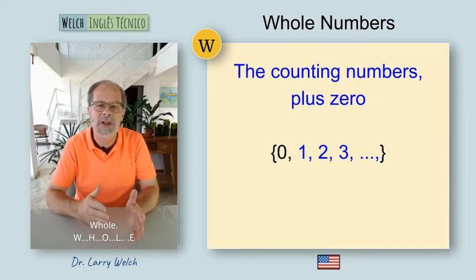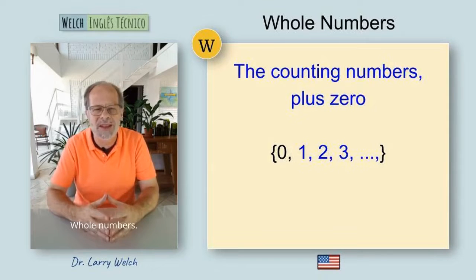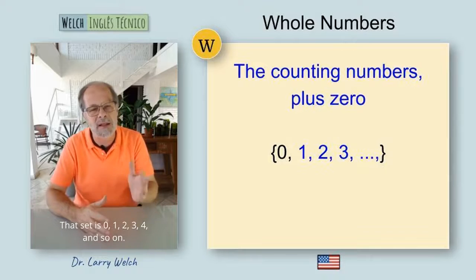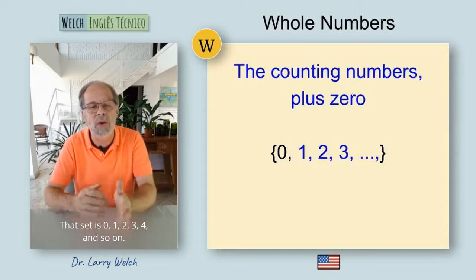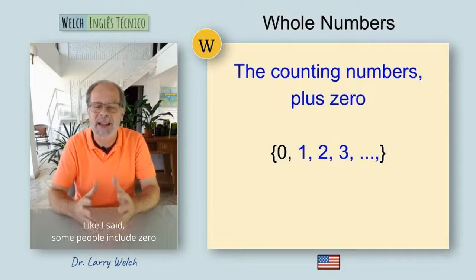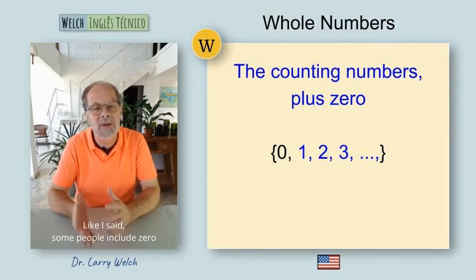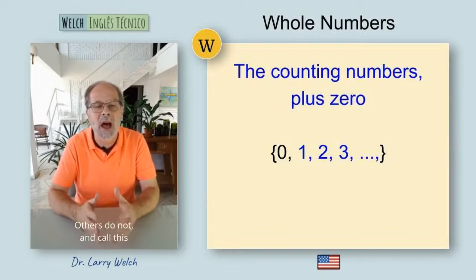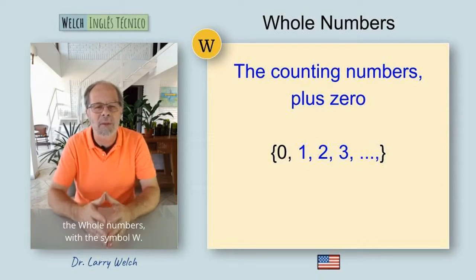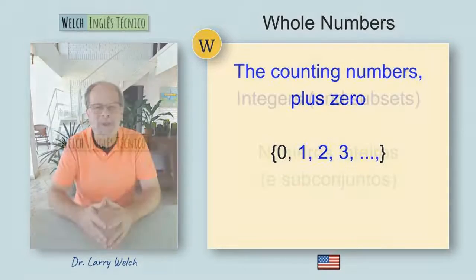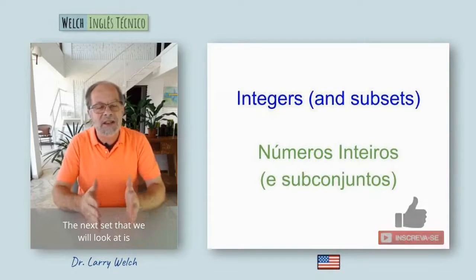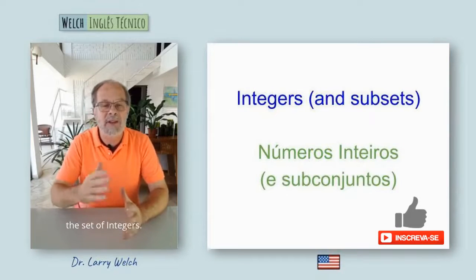W-H-O-L-E, whole numbers. That set is 0, 1, 2, 3, 4, and so on. Like I said, some people include 0 in the natural numbers, others do not, and call this the whole numbers with the symbol W.